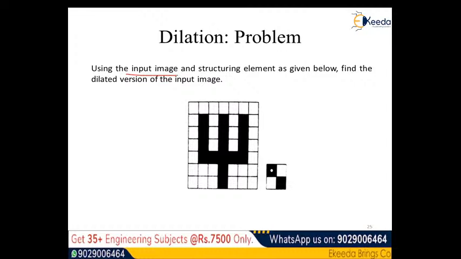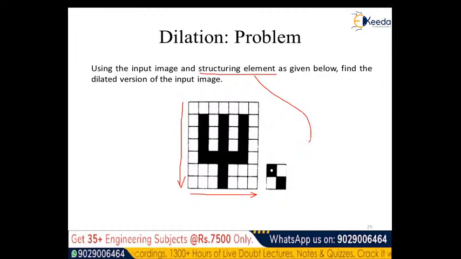So this is the input image. For the input image, you see there are 7 columns, and we have here a total of 7 rows, 7 columns.